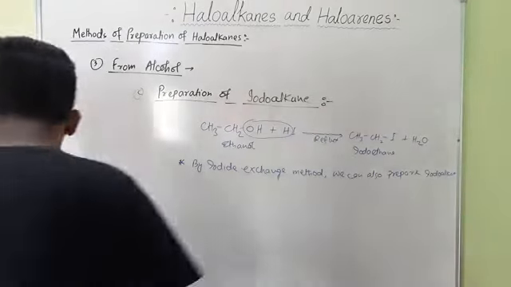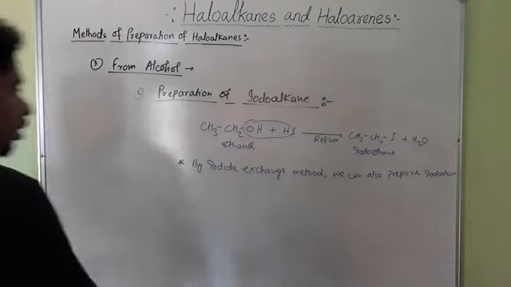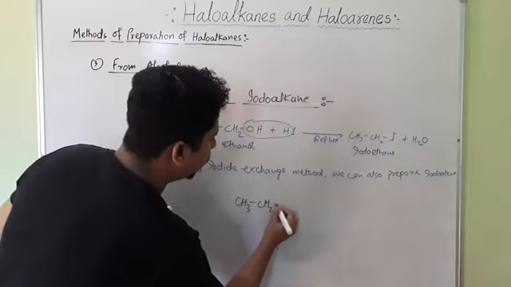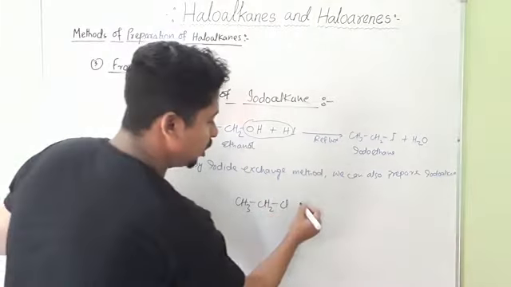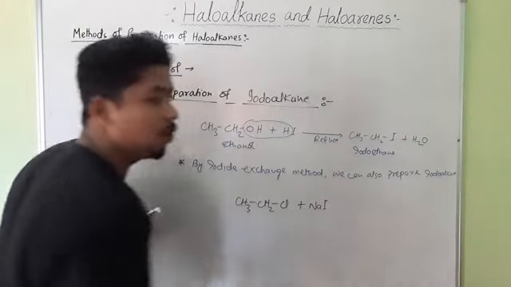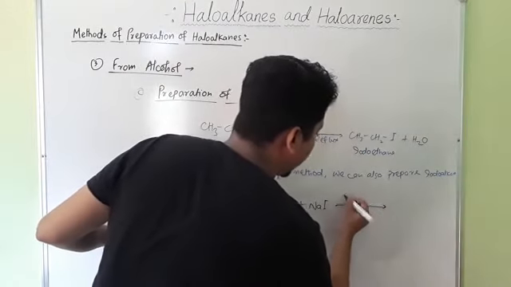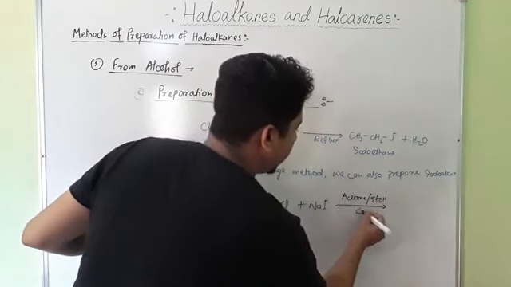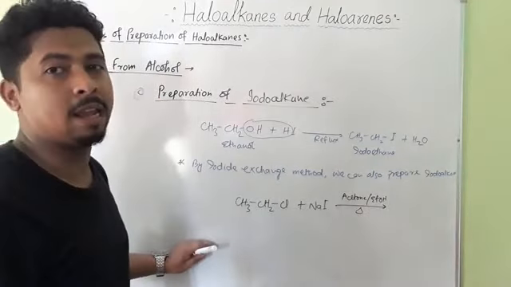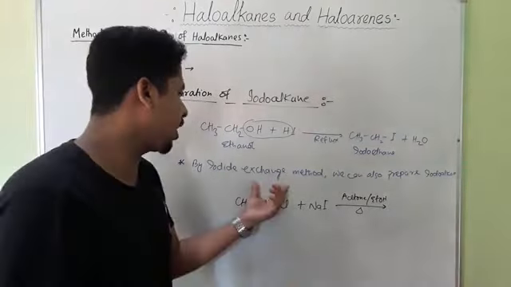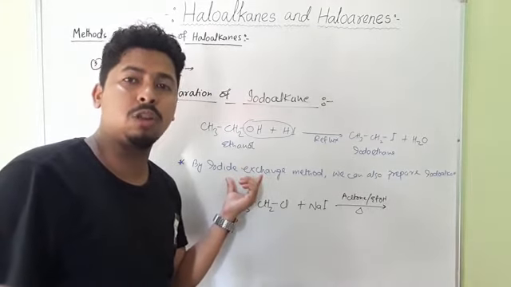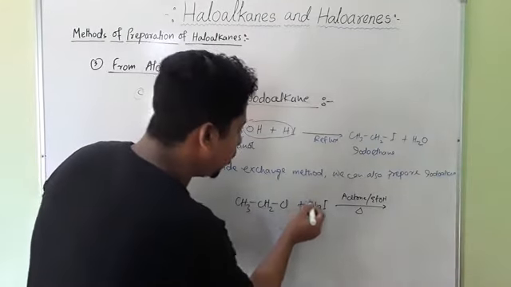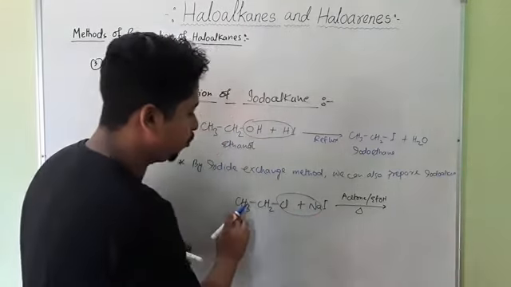I am writing this reaction here. Suppose CH3-CH2-Cl, which is chloroethane, is treated with sodium iodide in the presence of acetone or ethanol. It will produce the iodoalkane. In this reaction iodide exchange, or ion exchange, takes place. The NaI is replaced, and we are left with CH3CH2I.